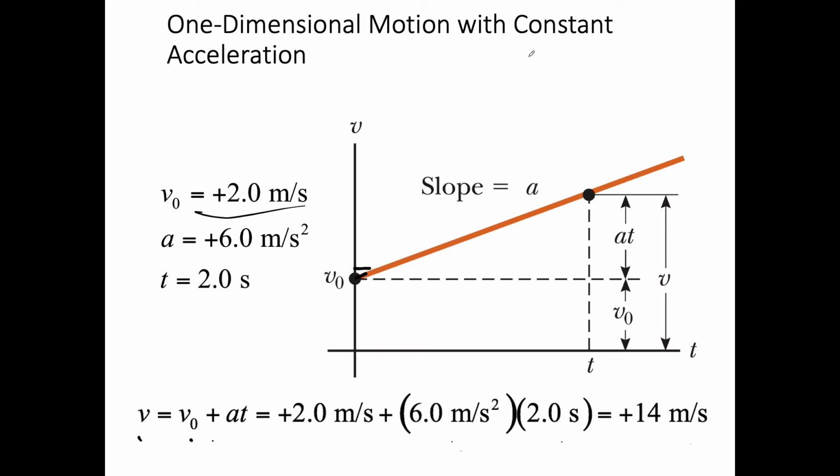Because of what we have. If you have a constant velocity motion, we have v and we have t.